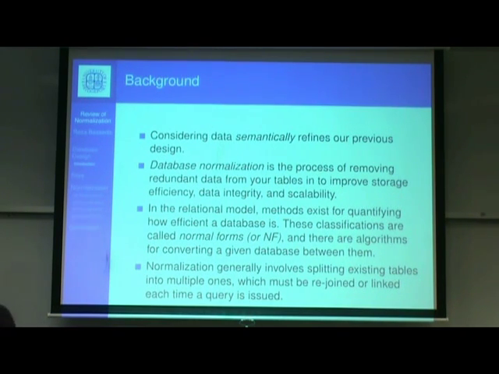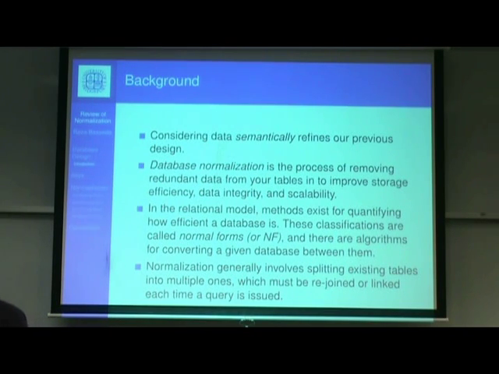In the relational model, methods exist for quantifying how efficient the database is. These classifications are called normal forms, and there are algorithms to make the design of a database normal.